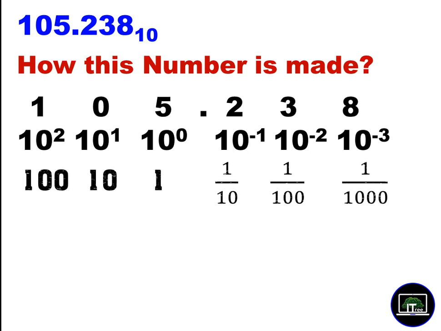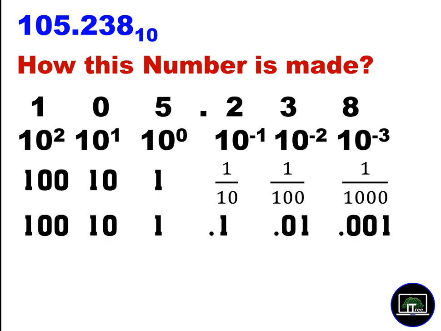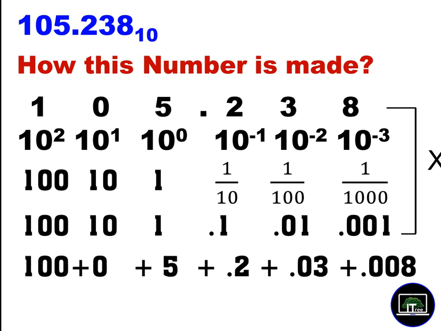You can see now minus 1 is 1 divided by 10, minus 2 is 10 to the power minus 2, 1 divided by 100, minus 3, 1 divided by 1000. You will see that on the numbers now. You can multiply, you get the answers, then you can add these things together.